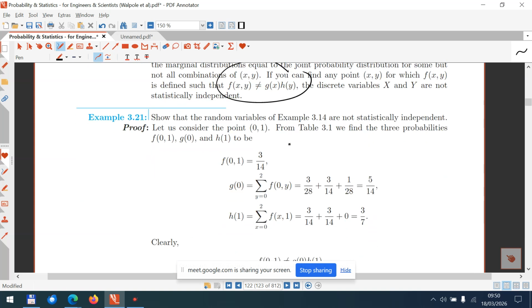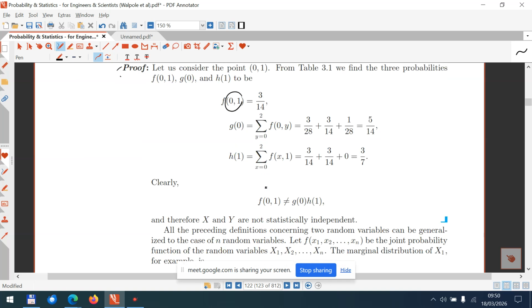And this is exactly what he has done in example 3.2. He has tried it for this pair of values, and it turns out that this is the joint PMF for these values, and these are the marginals. If you multiply these two, let's say I multiply 5/14 and 3/7, I am not going to get 3/14.